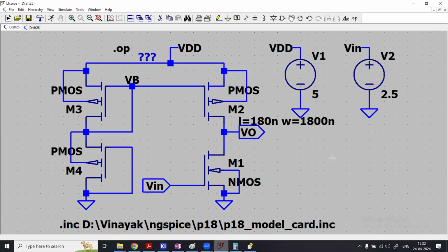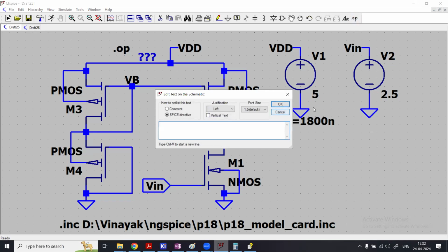You just click this .op here, which is the spice directory, and then in the spice directory, click here and press Control V, which is paste. I have got the name of the library, and then I will write the command .inc, space, the name of the library, and then slash and the name of the file.